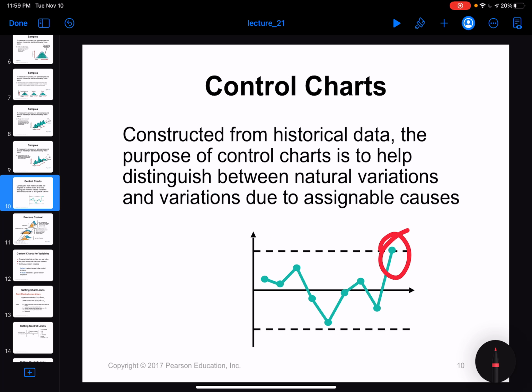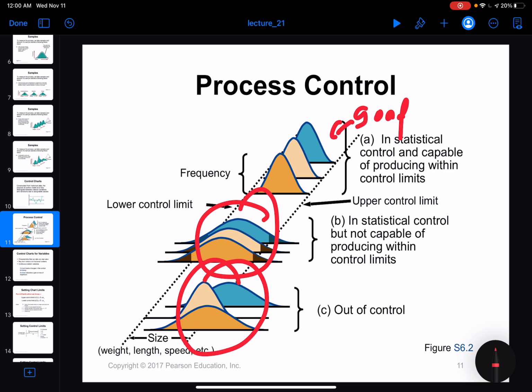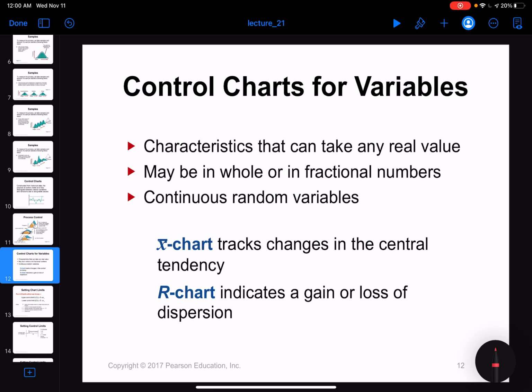If you identify anything here or here, that means we have some trouble. This situation is good, but other than that, this is bad. They give you higher defect rates and poor quality over time. So we need to identify these two things.